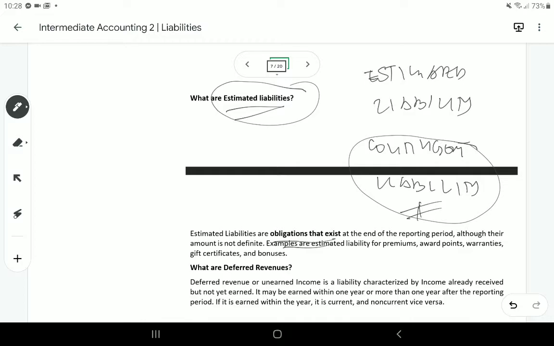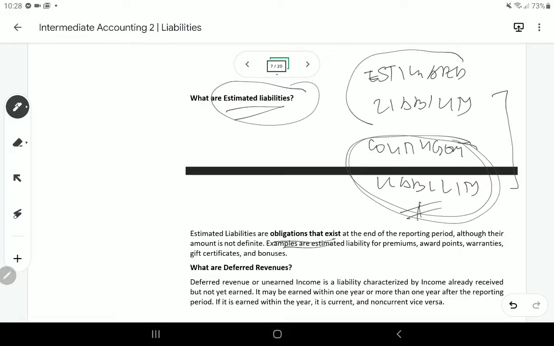So, if we are to differentiate these two items, contingent liability, kumbaga, if iintindihin natin siya na parang mas madali in a simple term, hindi pa klaro ang contingent liability. Hindi pa klaro if mayroon ba talagang liability or wala.